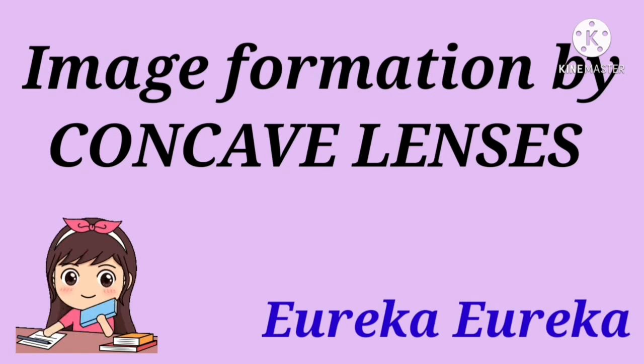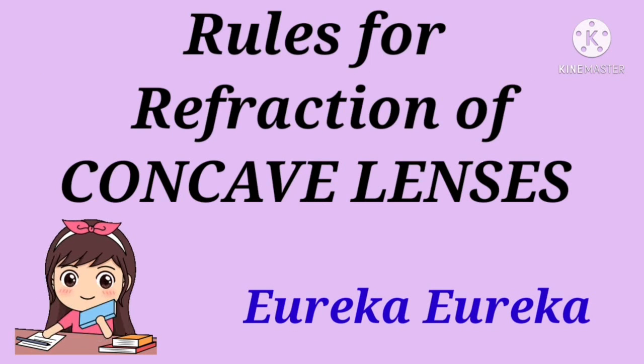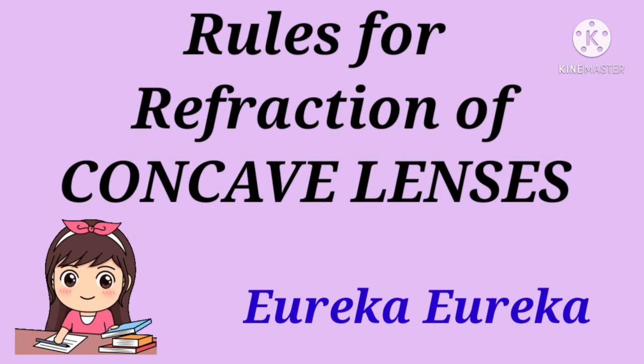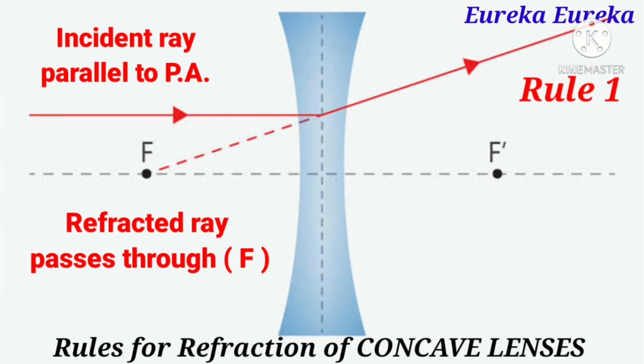And with this, let us study the image formation by concave lenses. So let us first study the rules for refraction for the concave lenses in order to understand the image formation by concave lenses. So the first rule is, when the incident ray is parallel to the principal axis, the refracted ray, when extended backwards, passes through the focus.